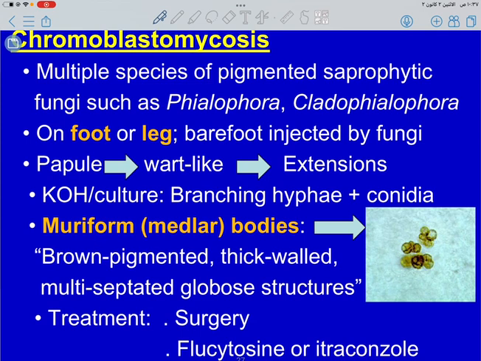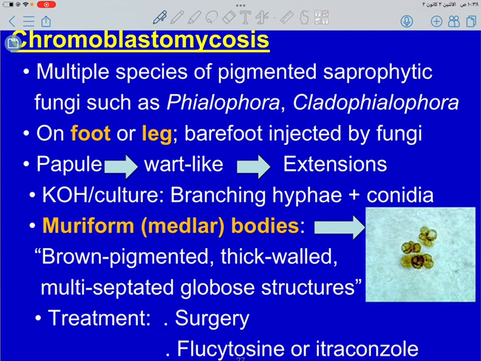On the foot or leg, bare foot can be infected by fungi. You get papule, wart-like, wart يعني زي الثالوث، ثالوث. Wart-like and extension. You can see it like that. This is chromoblastomycosis.